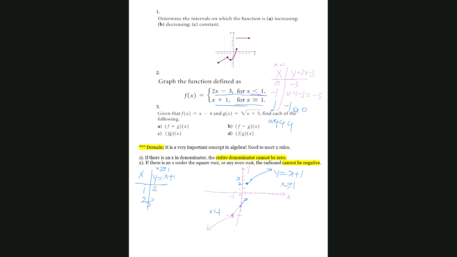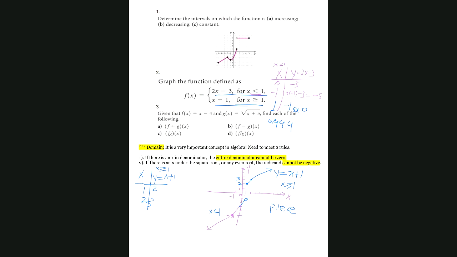So now we have these two called a piecewise, okay? P-I-E-C-E. This is a piecewise function in here. So we have two pieces of the graph within the one x and y Cartesian system, one x and y coordinate system. We have two pieces in here. Okay, so that's how you graph this type of piecewise function.